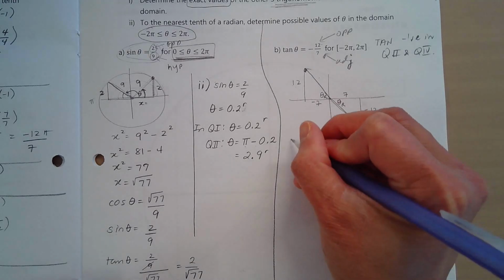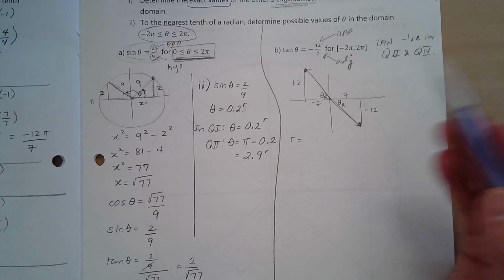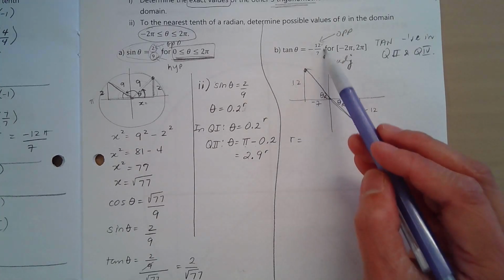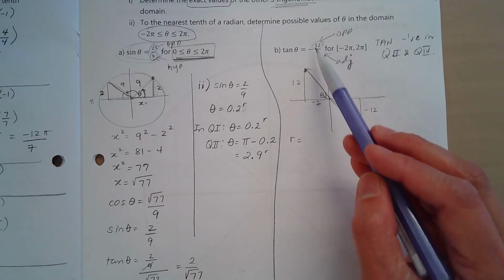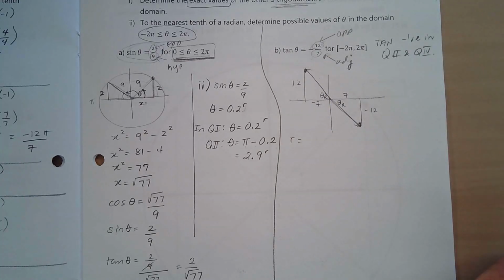Okay, so how to figure out the r? Can we do it the way you were doing it in the other example? Remember when you said there was 2 ways? Oh, x squared plus y squared? Because this one here, this is your y and this is your x. So this one wouldn't work out.